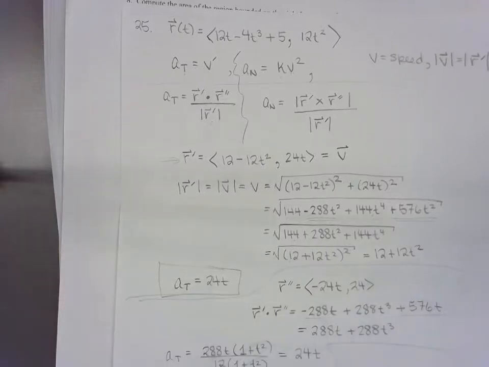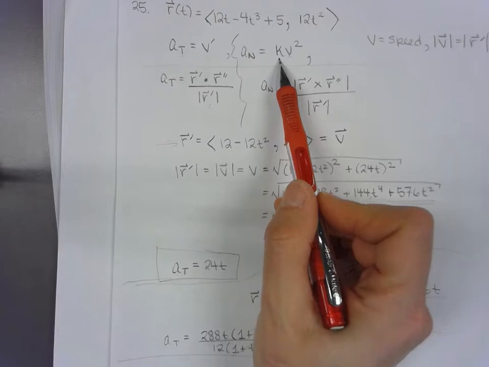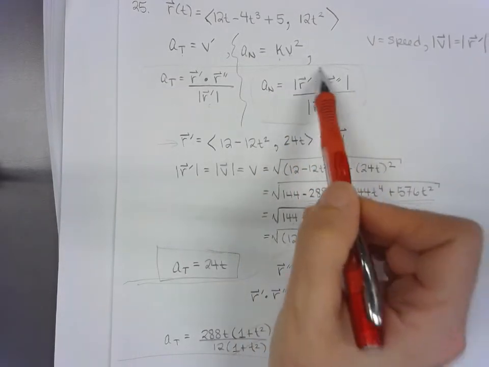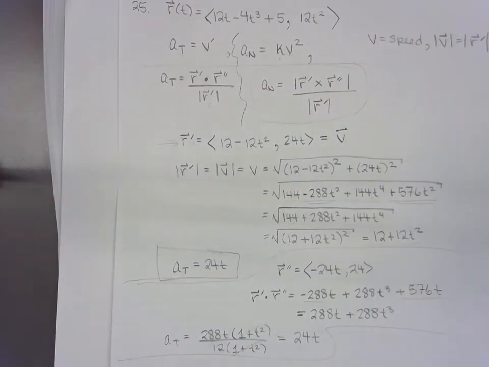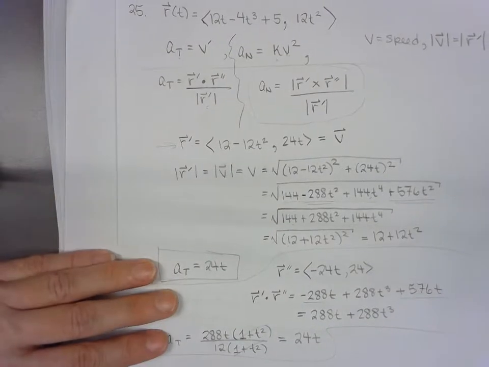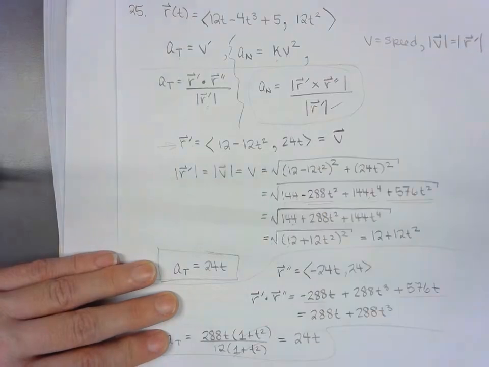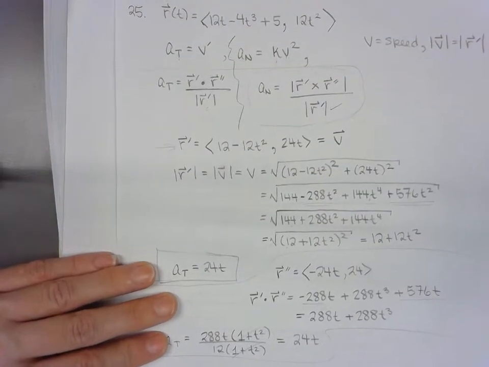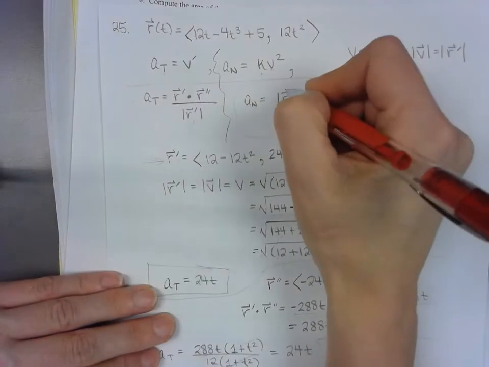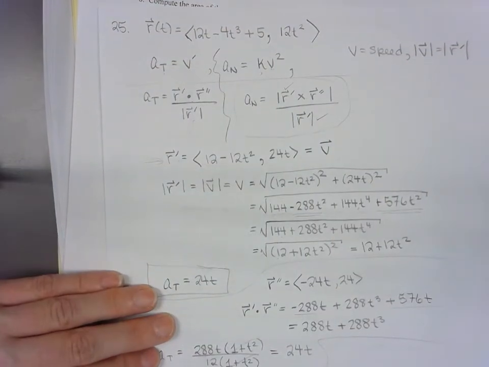So since I don't want to find curvature, I would say, okay, I'm going to use this formula to get the normal component of acceleration. We've already found what we need for the denominator. We found this. So r double prime.